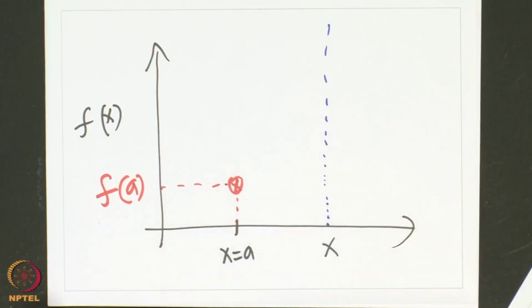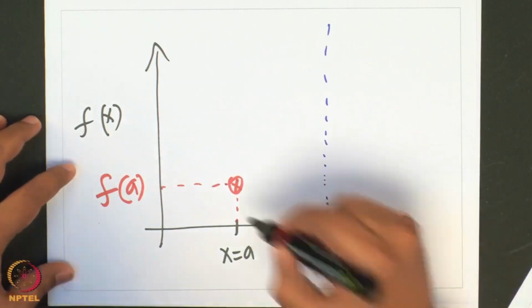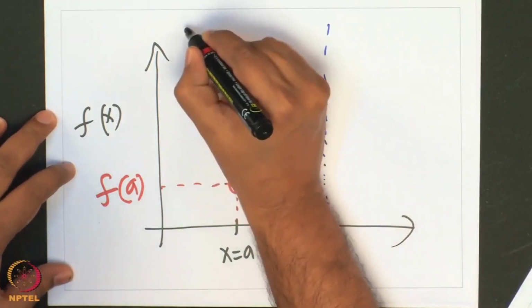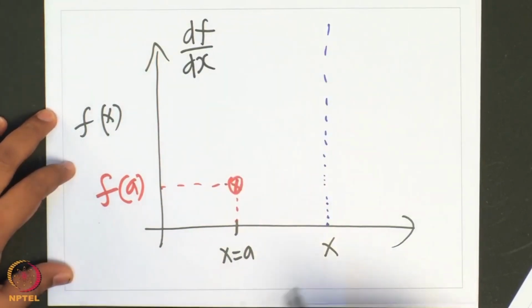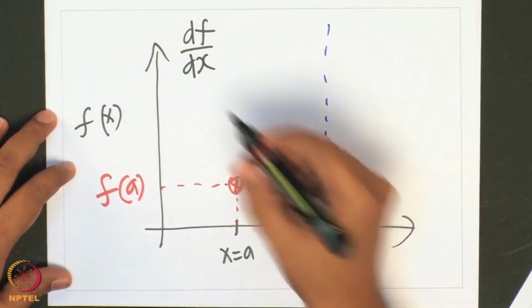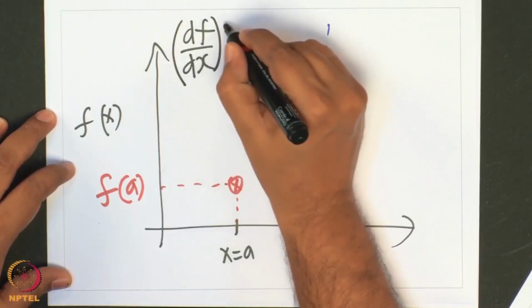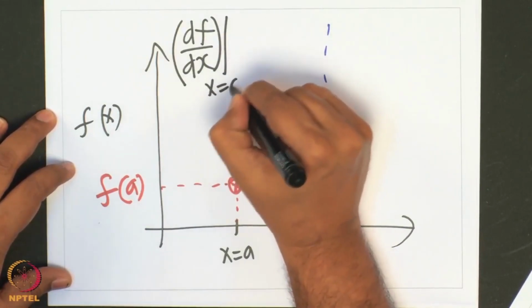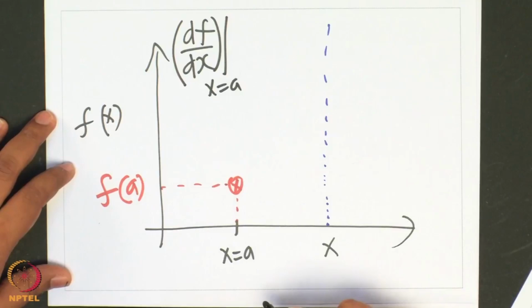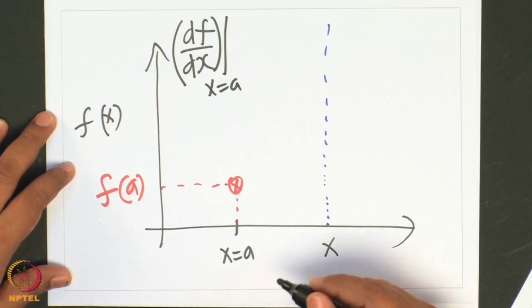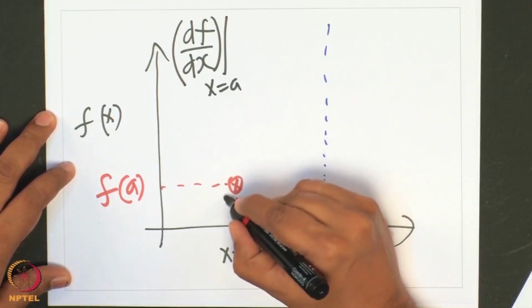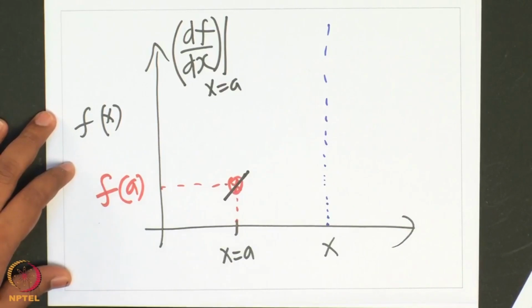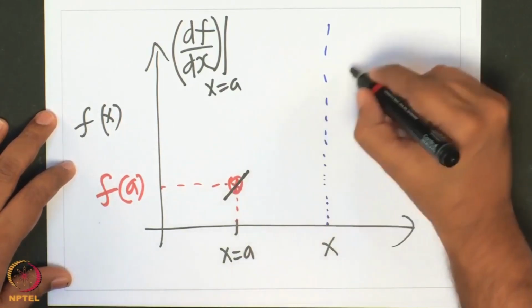I have to know the derivative, that is the slope. If I know df by dx, what do I know? If I know that df by dx at x equal to a is positive, then the local slope is going to be like this. That means the function is likely to go up.